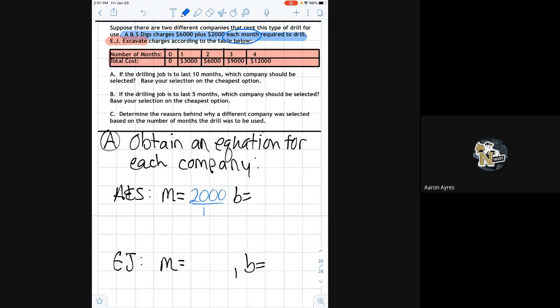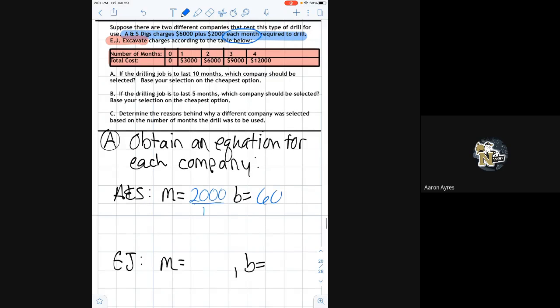Yeah, and it also says each month. There's that keyword for per again. Okay, each month. Good. What's the y-intercept then, Shelby? Excellent. And what was your equation? Excellent. Everybody okay with that one?